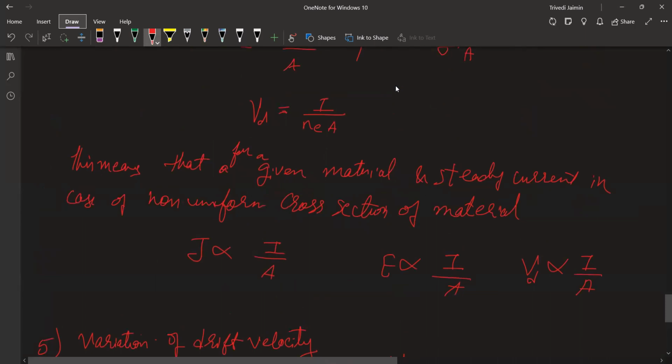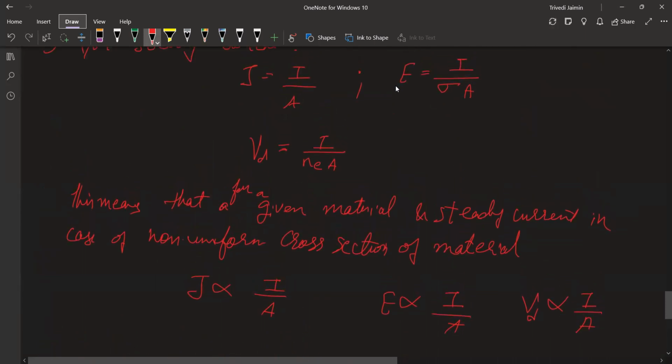And one more thing we can add here. Let's assume here I is also constant, because the same I is flowing throughout. So let's take it as 1 by A. That means inversely proportional to area.